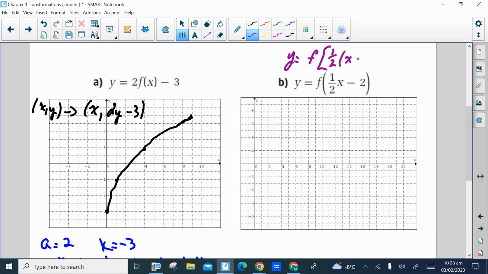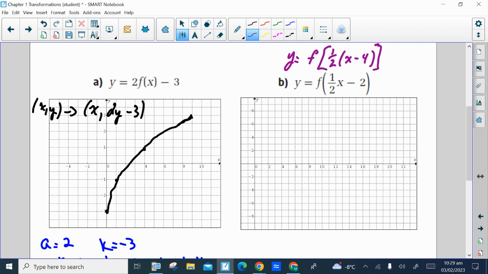So negative 2 divided by a half is minus 4. Dividing by a half is the same as multiplying by the reciprocal, 2 over 1. So now we can see that the true h value is actually 4.